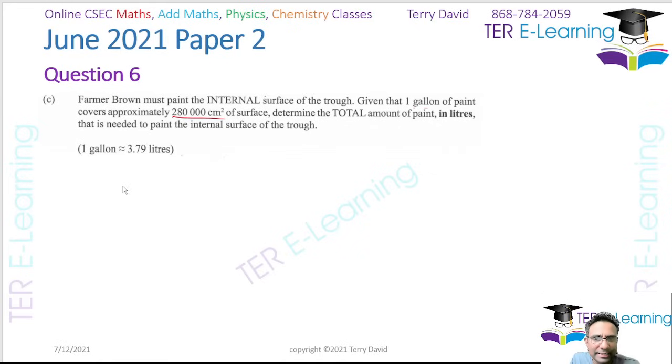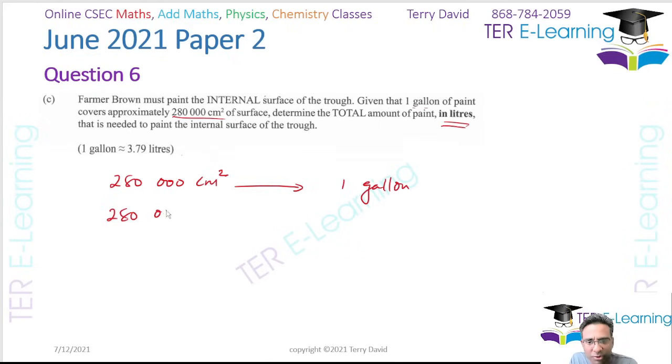We know that 280,000 cm squared is covered by 1 gallon. But they want the answer in liters, so we need to make a conversion, or change the statement at least. So 280,000 cm squared is covered by 3.79 liters.